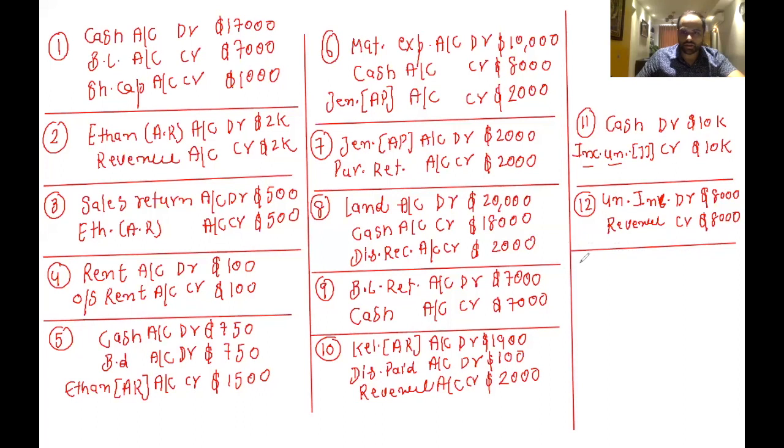Number 13 is payment made to accounts payable 1,000. Tell me, debit or credit?